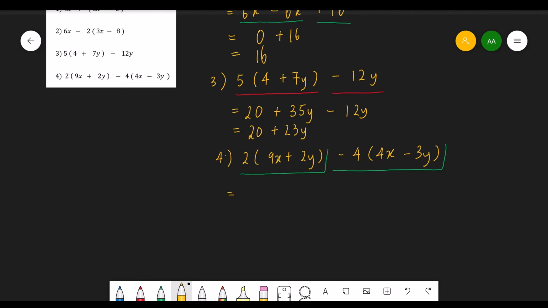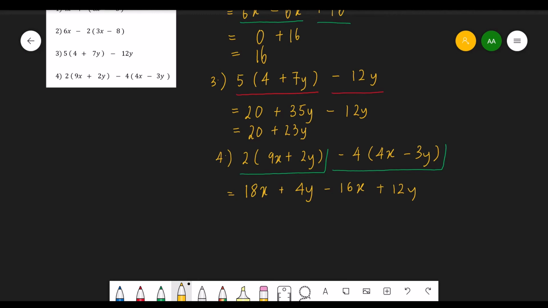So 2 multiplied by 9x equals 18x. 2 multiplied by positive 2y is a positive 4y. So this is my first part. My second part is negative 4 multiplied by positive 4x. Negative and positive is a negative, so I get a negative 16x here. Negative and negative is a positive, so it's a positive 12y.